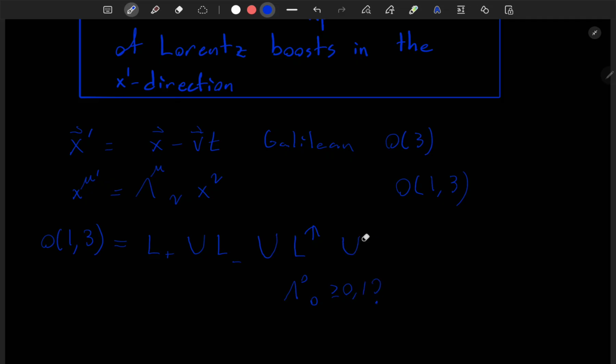And similarly for Lorentz transformations with a 0 element that's either negative or -1, one of those. That's what the splitting up looks like. Oh, sorry, that is positive. That determinant is negative.